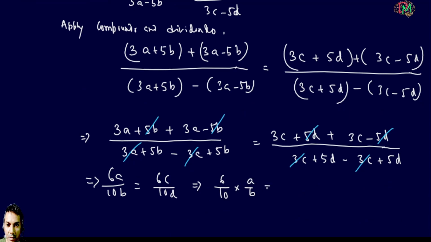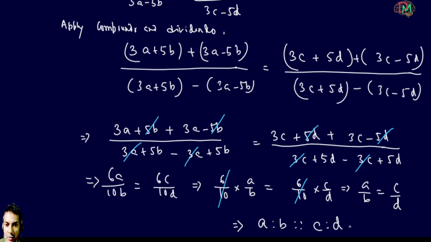A by b is equal to 6 by 10 into c by d. So we can cancel out the same on both sides. So what remains here? A by b is equal to c by d, and finally we can write this as a is to b proportional to c is to d. This is the proof.